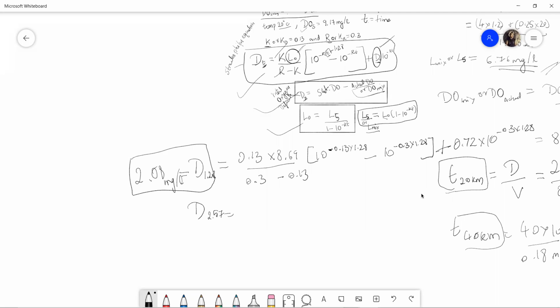Is it correct? Just check and tell me. 2.08 mg per liter. If so, find the next one. Oxygen deficit at 2.57. Tell me the answer.